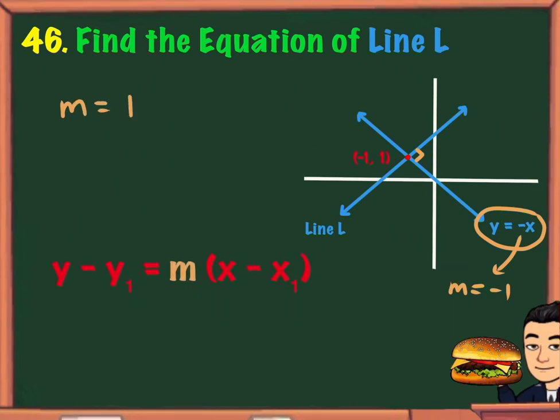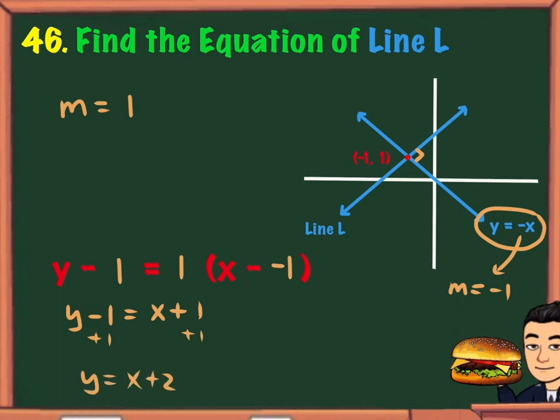Using the point-slope formula, x1 is negative 1, y1 is positive 1, the slope is 1. You can rewrite this as y minus 1 equals x plus 1. If you add 1 on both sides, you get y equals x plus 2. And that's your equation for line L.